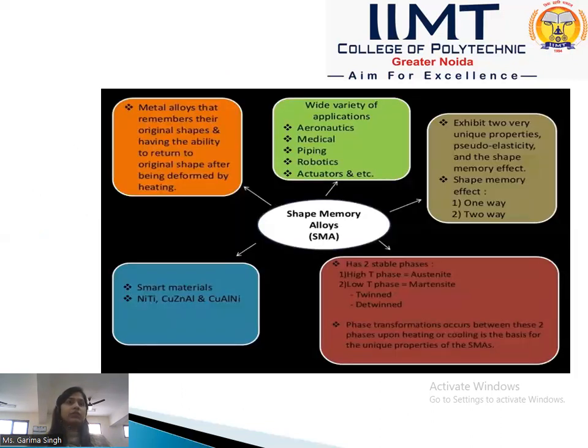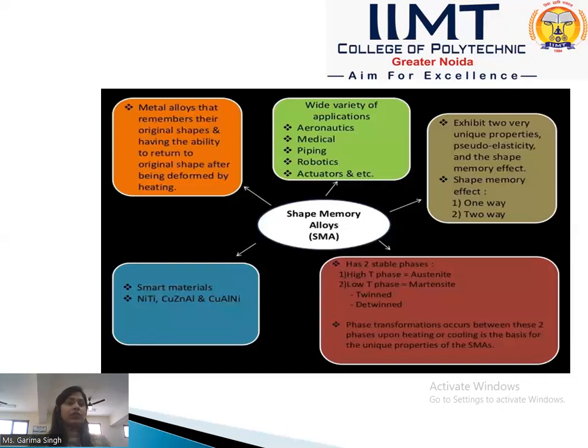Now let us discuss the various fields where we are using SMAs right now. The metal alloys that remember their shape and have the ability to return to the original shape after being deformed are called shape memory alloys. We already discussed that. These are alloys or materials which have special properties that we call the shape memory effect or pseudo elasticity.